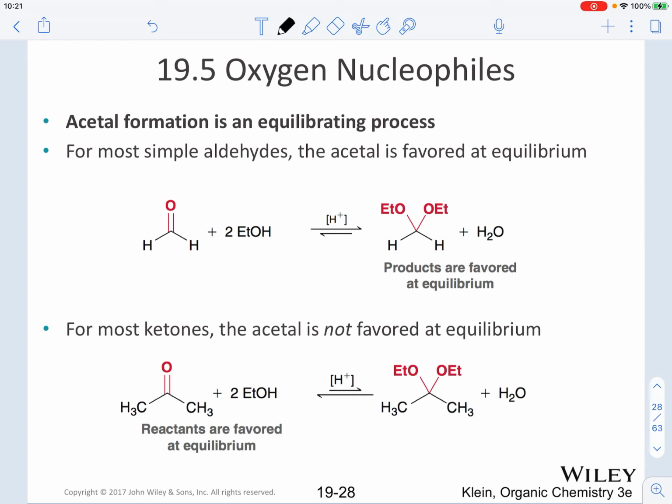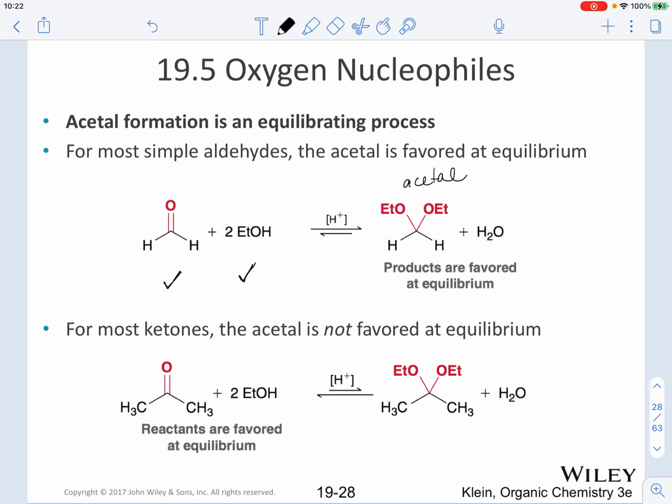Understand that the acetal formation is an equilibrating process. For most simple aldehydes, the acetal is favored at equilibrium. So as you can see here, we have an example of formaldehyde reacting with two equivalents of ethanol and making the following acetal.